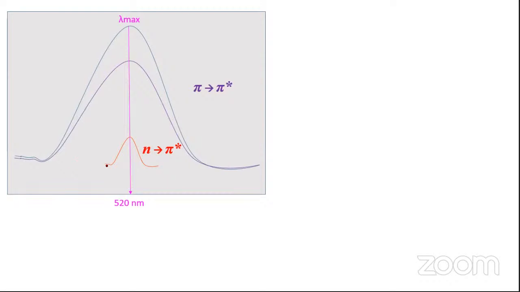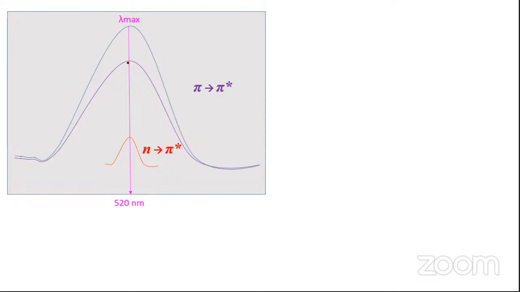This was an analogy to let you know that the extent of absorption due to n to pi star transition will be only this much at 520 nanometer, but the extent of absorption due to pi to pi star transition will be this much.